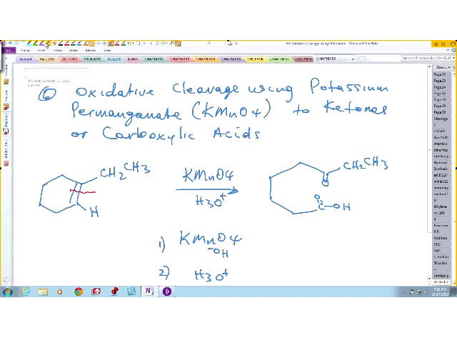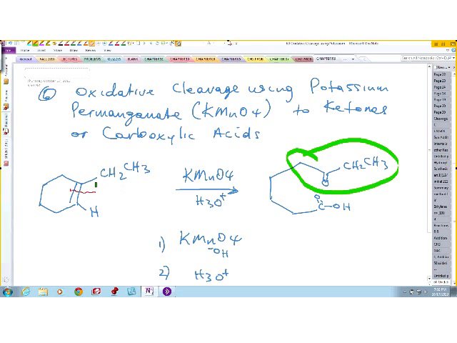If you see here, this is the carboxylic acid right here, in the same molecule. And here, this is the ketone, all in the same molecule, because we started with a ring system.